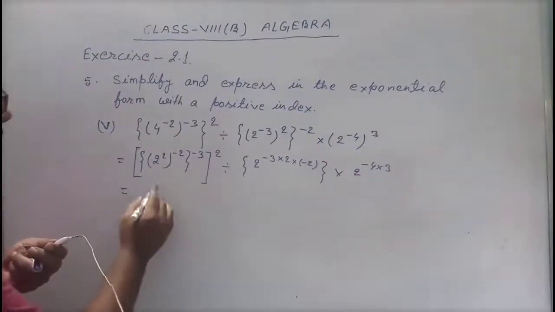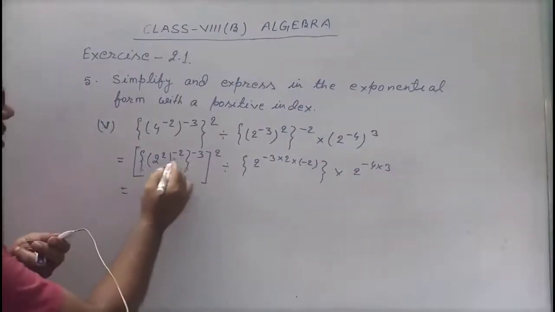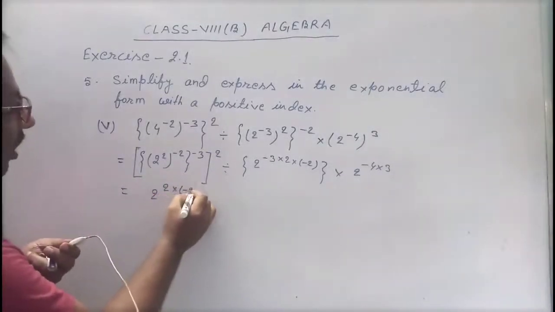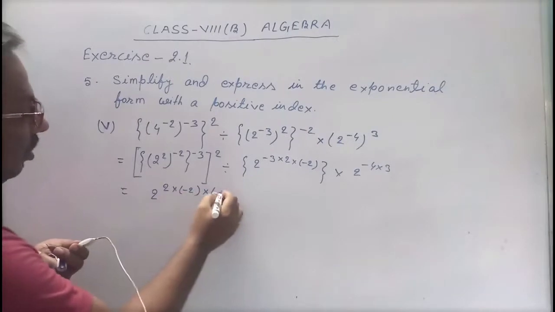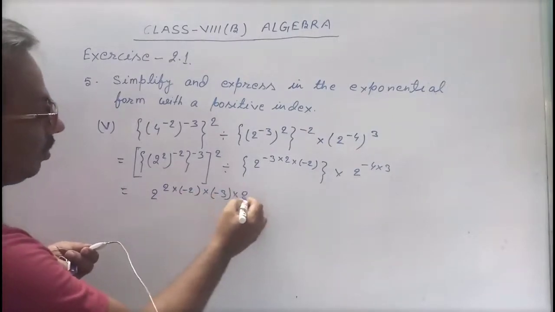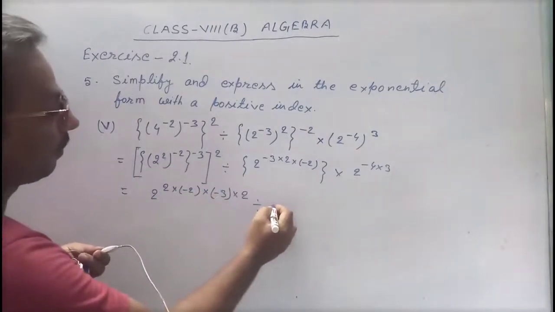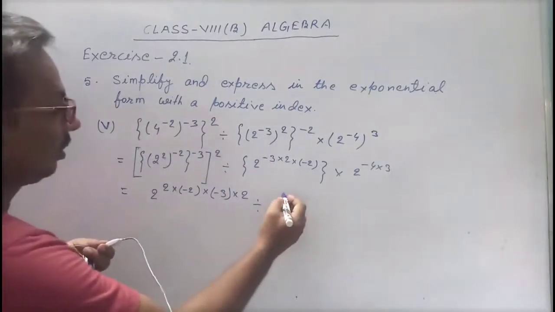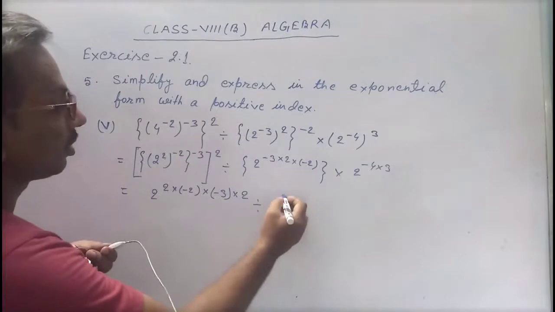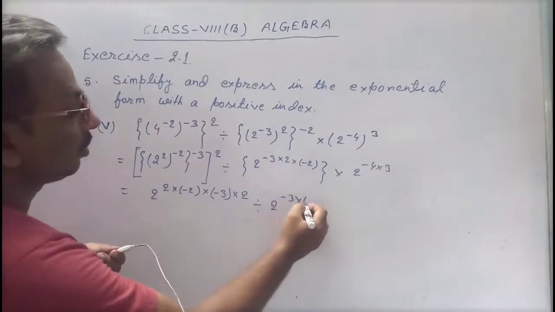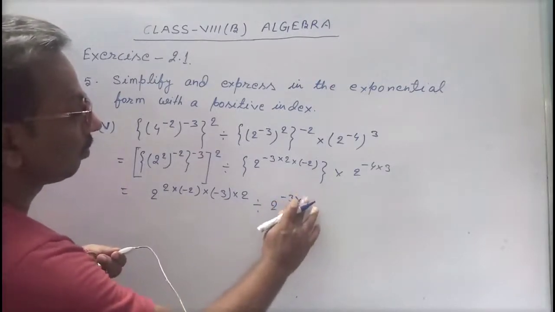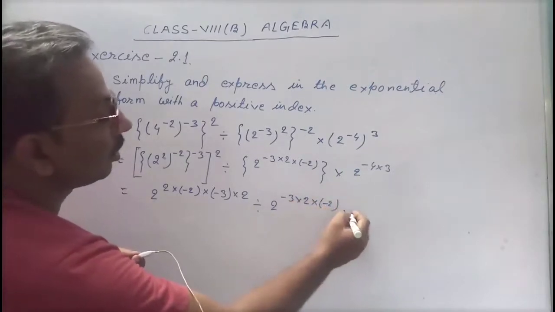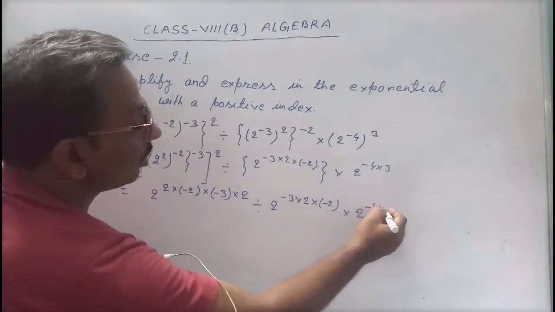Now these powers, multiplication of powers, 2 into minus 2 into minus 3 into 2 divided by 2 to the power minus 3 into 2, minus 3 into 2 to the power minus 2 into 2 to the power minus 4 into 3.